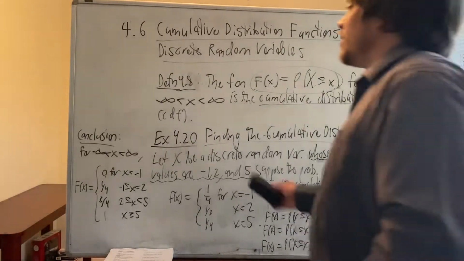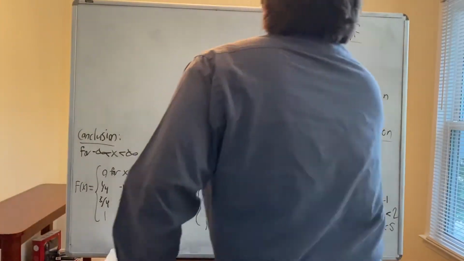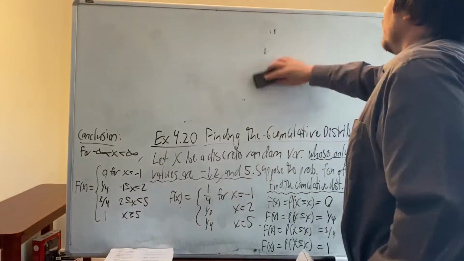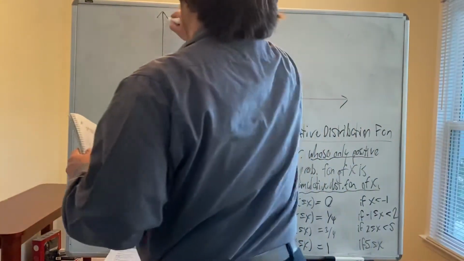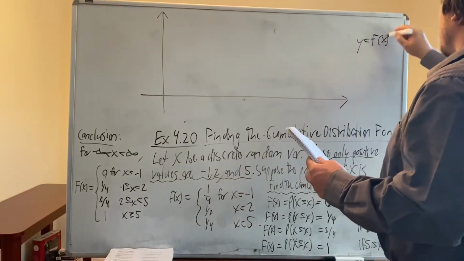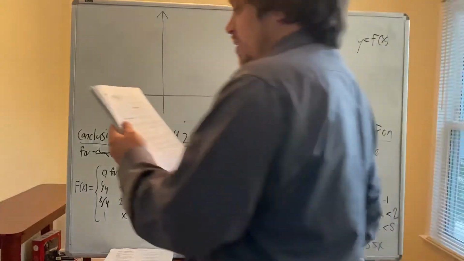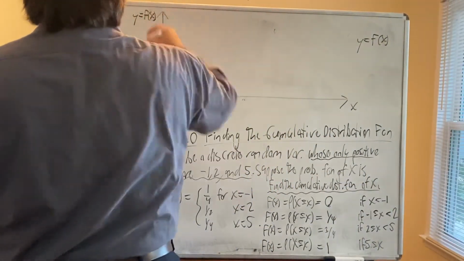Let me add something here before I erase the whole board. There's something else I want to add. Let's say we graph this function, capital F of x. We'll graph y equals capital F of x, so this is going to be the x-axis, and this is the y equals capital F of x axis.